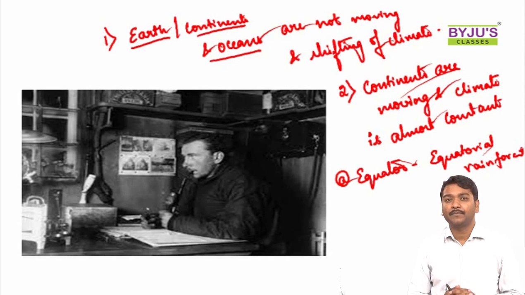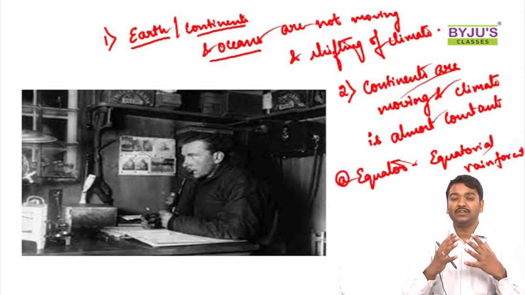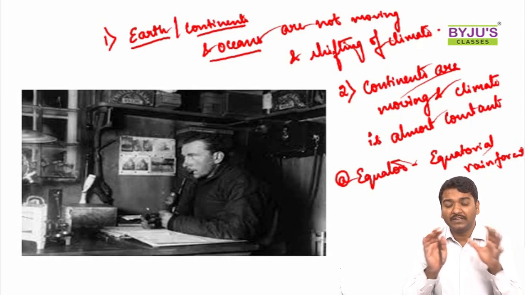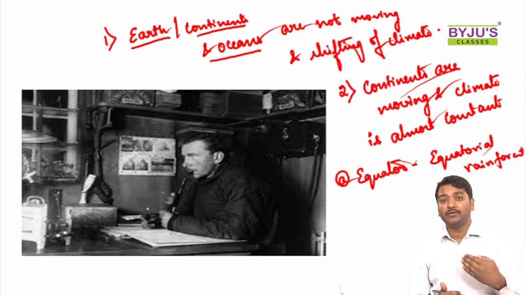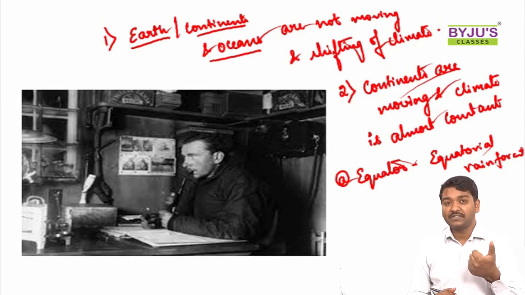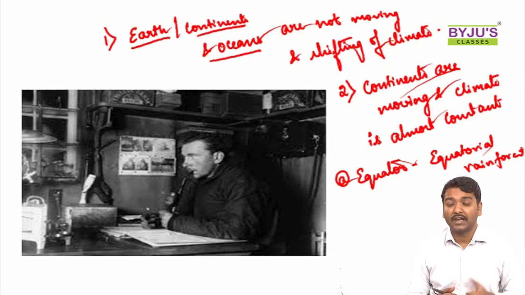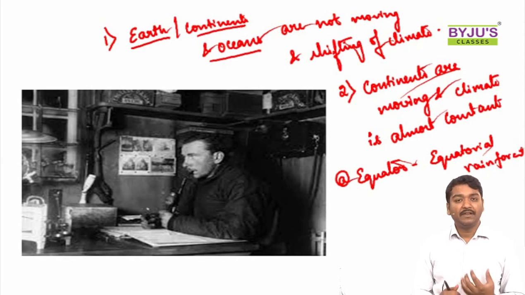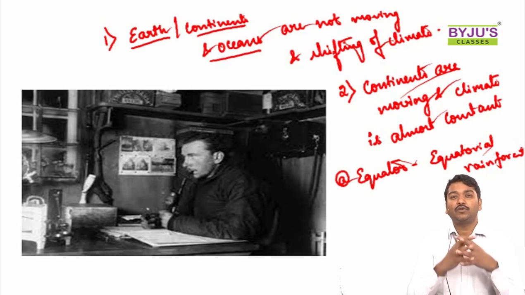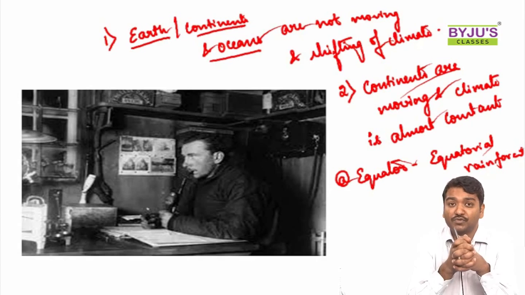Till that time, geographers thought that the continents and plates are not moving, that they are static, and they were trying to derive theories thinking that these are static. But for the first time, Wegener came out and said, I think continents are moving. When he said this, people laughed at him. They asked how it is possible for continents to move.